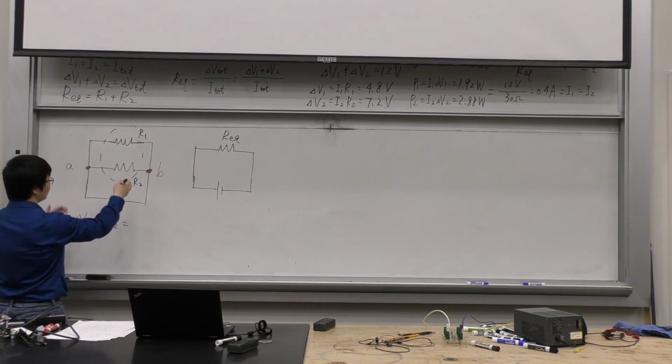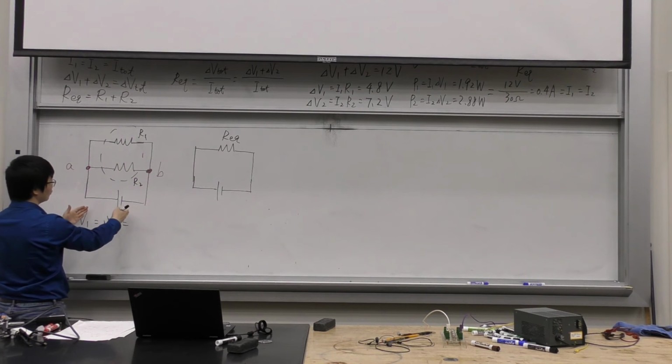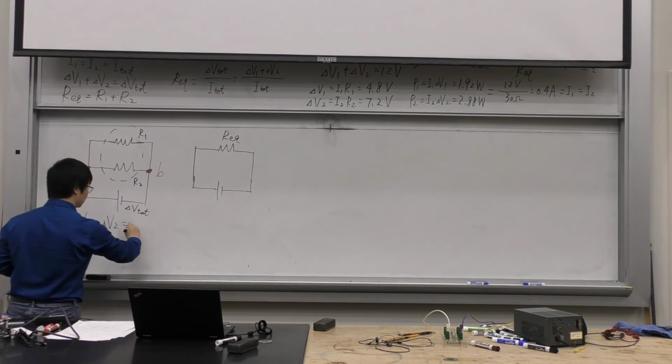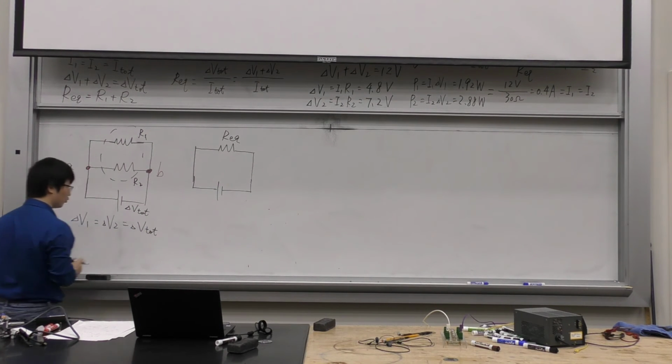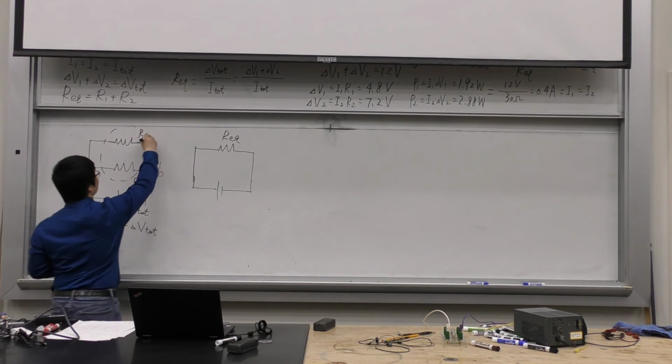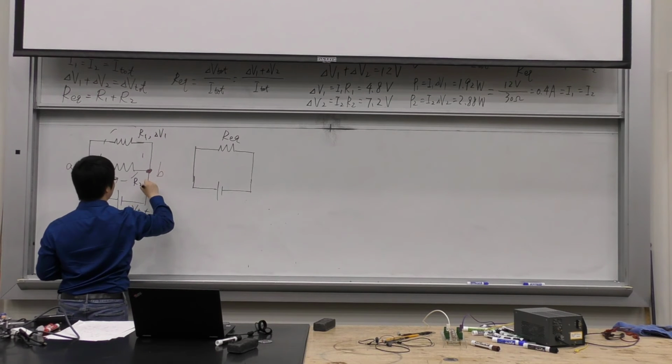And in this case, if they are both connected directly to the battery, and we call the battery V total, they will get the same voltage from the battery. As you can see, they are independent, they don't have anything to do with each other. So V1 and V2 are actually the same.